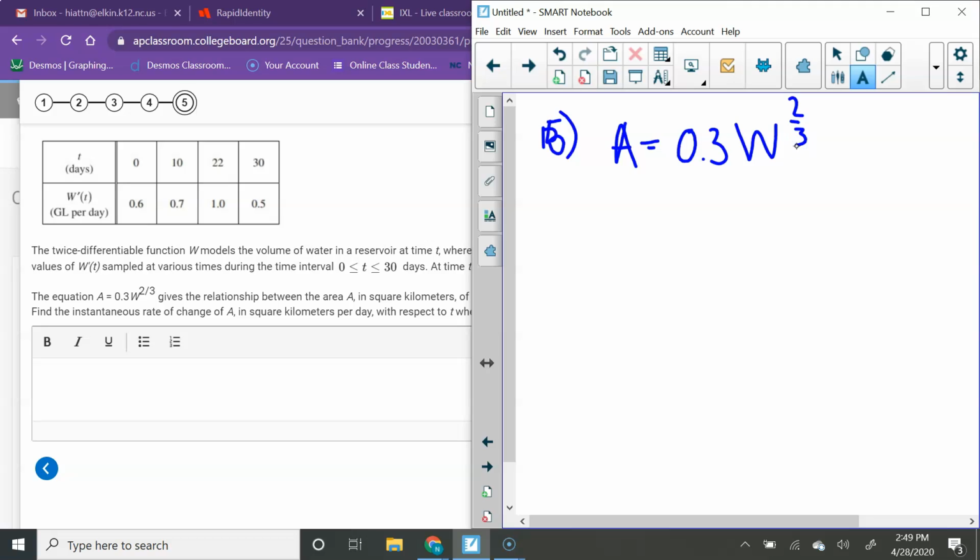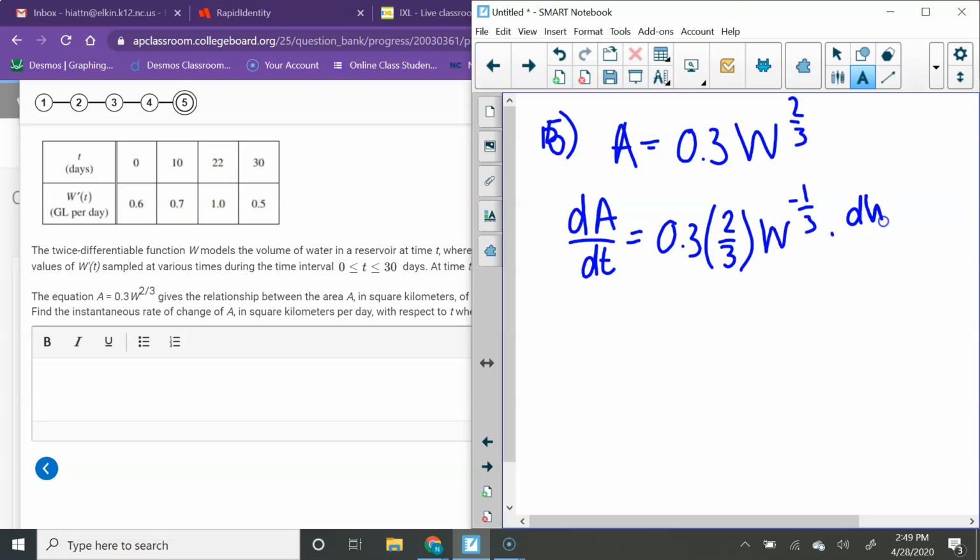So if we take the derivative with respect to t here, we're doing dA dt, and that is going to equal 0.3 times 2/3 W to the negative 1/3 times the derivative of W with respect to t.